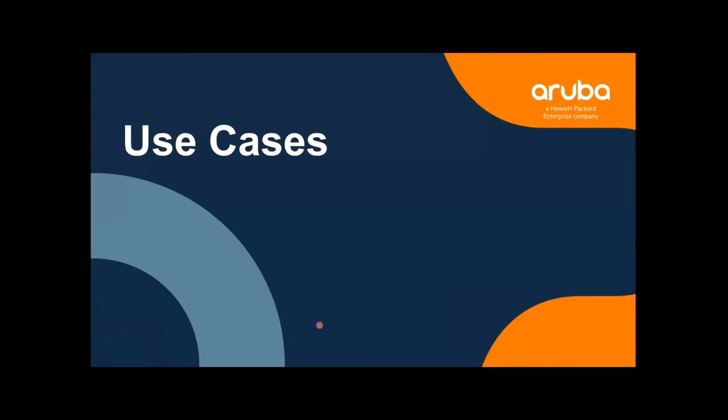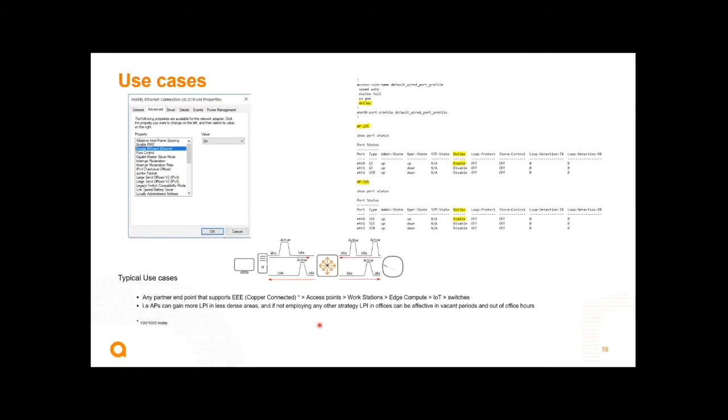Okay, let's look at some, I guess, typical use cases. Even on a Windows device, if you look into the NIC, you'll see there's a configuration element that says Energy Efficient Ethernet, which can be switched on by administrators. If you look at our Aruba access points, I mentioned the .3az earlier, which is an energy efficient Ethernet standard.